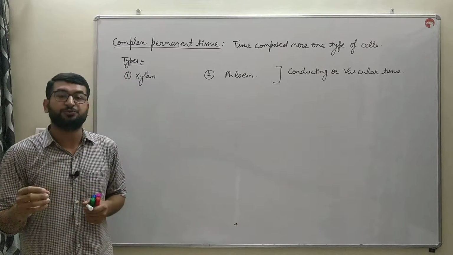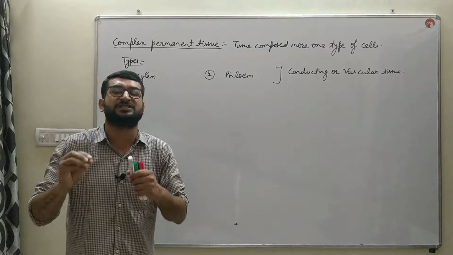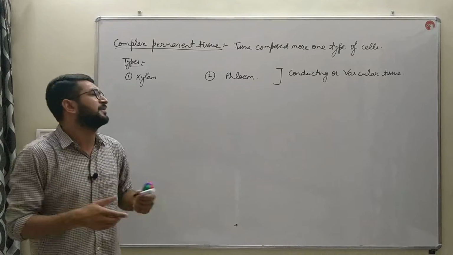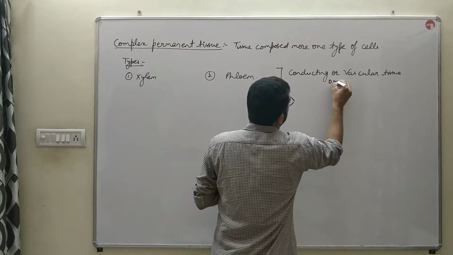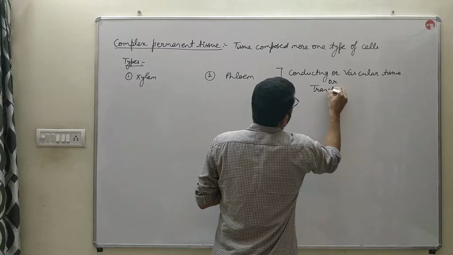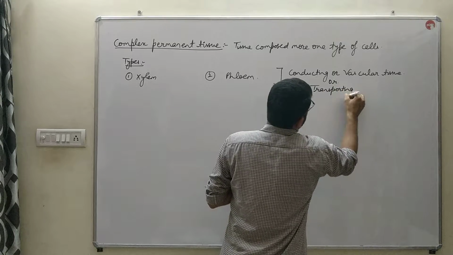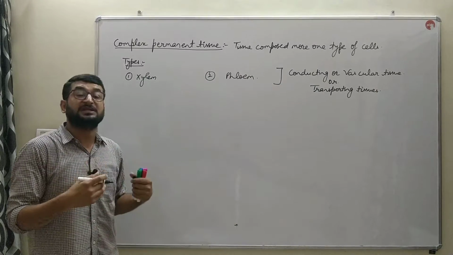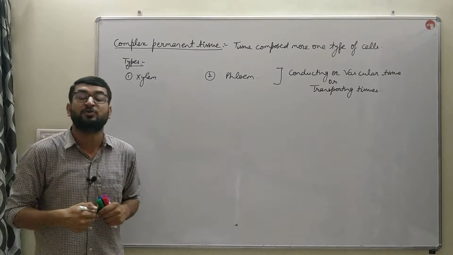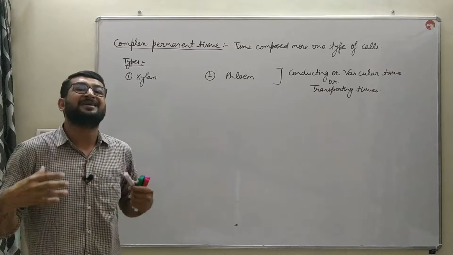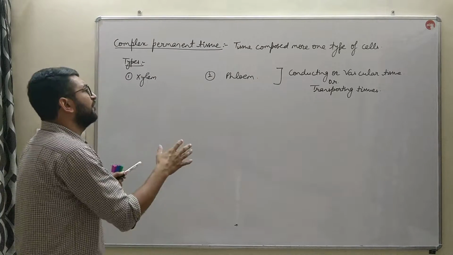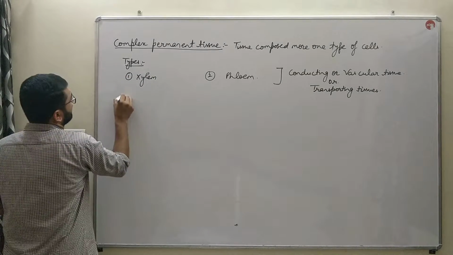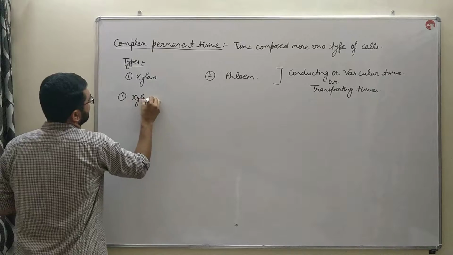Because these tissues majorly play the part of transportation of materials from one part of the plant to another. So they are also referred to as transporting tissues. Whereas the previous tissues, the simple permanent tissues, were basically for mechanical strength, these are for the transportation purpose. So the first tissue which we'll discuss in detail is the xylem.